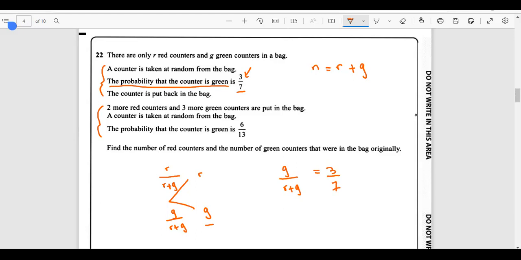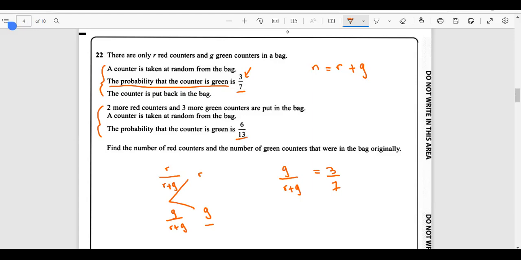I did not read the question yet, but I'm just trying to write down the information given. Now it says the counter is put back in the bag again. Now it's just like a fresh question. Again, you have R red counters and G green counters in a bag. 2 more red counters and 3 more green counters are put in the bag. A counter is taken at random from the bag. The probability that the counter is green is 6 by 13.